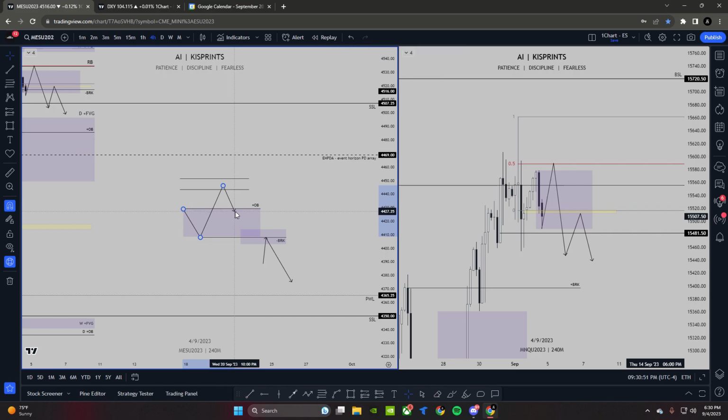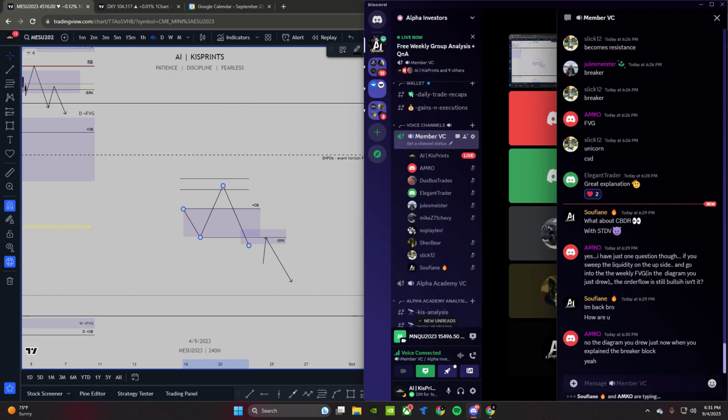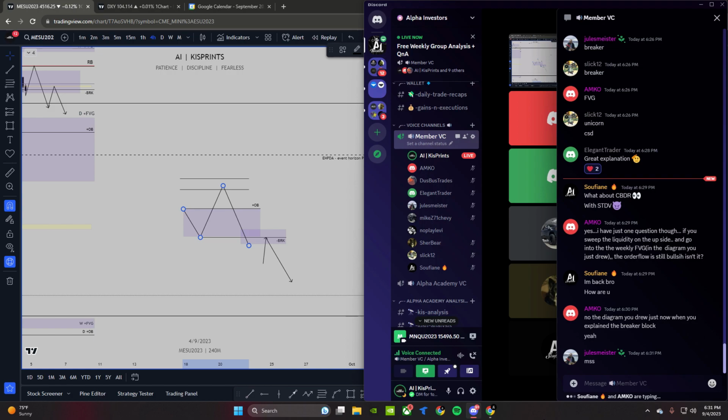If we look at it like this, it's still bullish. But what tells us that order flow is no longer bullish? What is happening here? I don't want to give away the word, but there's a word. Market structure. Perfect. Yes. Good stuff, Jules.